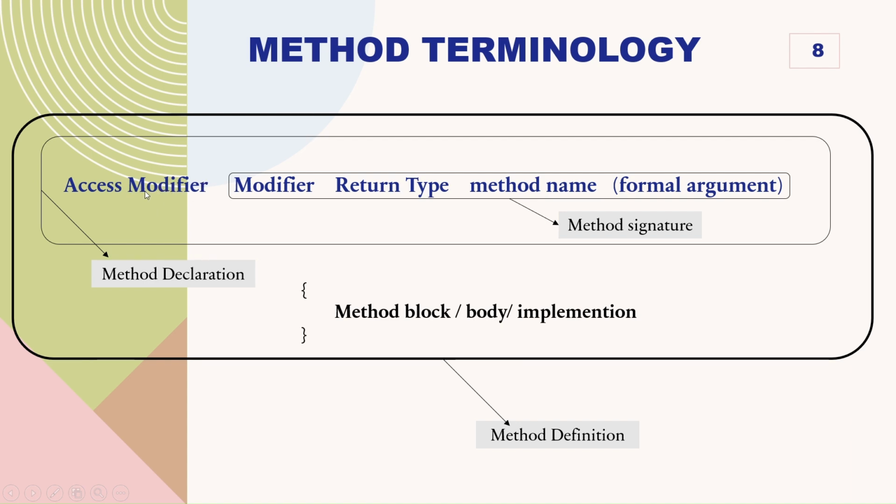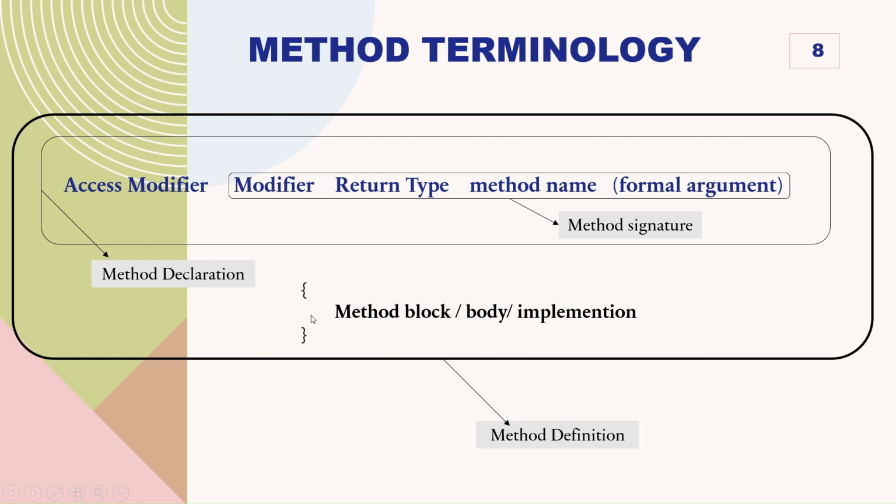If your method is protected, it is considered inside the class and inside the package itself you can access that method. That is called the access modifier. We will discuss in a later video how many access modifiers and modifiers there are, how they work, and what their role is in methods.